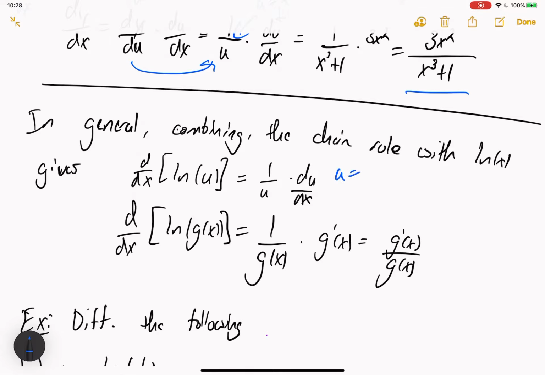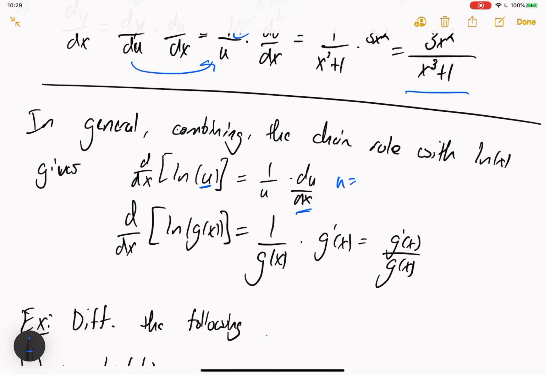But if u is actually equal to some function of x, in this case u is equal to x cubed plus 1, or it could be cosine of e to the x, or whatever, just a function of x, then d/dx of ln of u is going to equal 1 over u times du/dx. Because remember the chain rule: you take the derivative of the outside, evaluate it at the inside, and then multiply by the derivative of the inside.